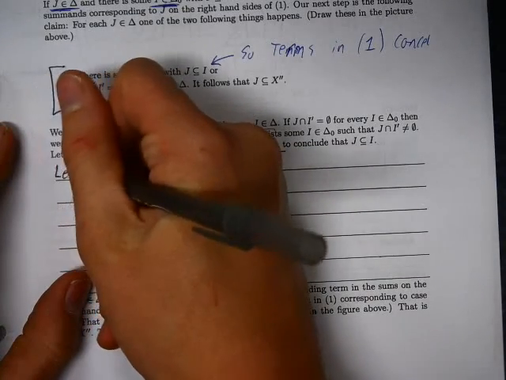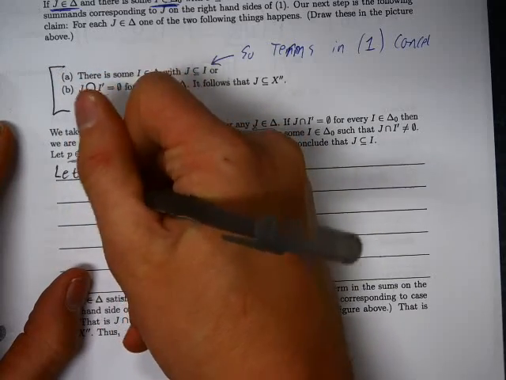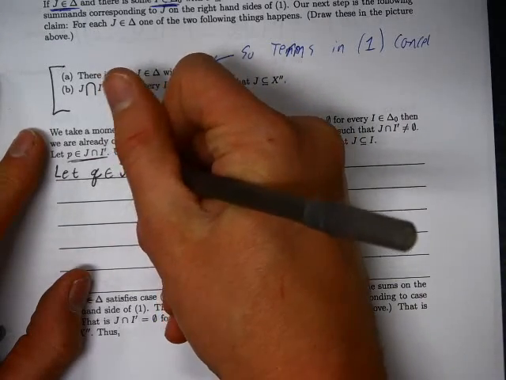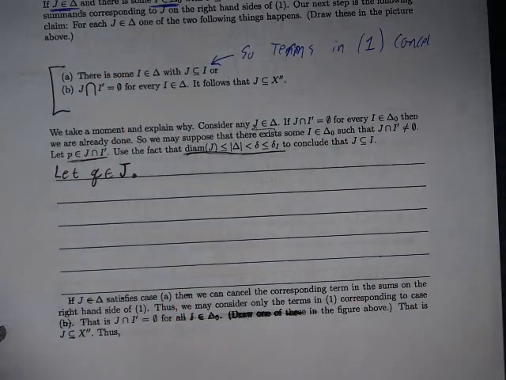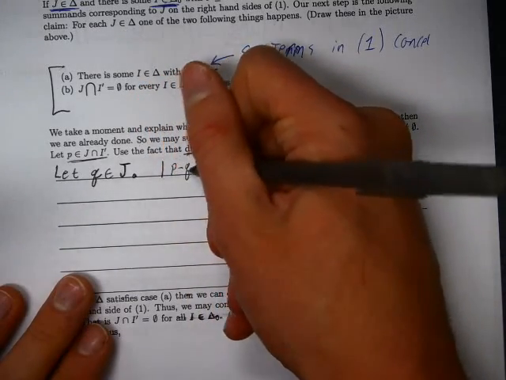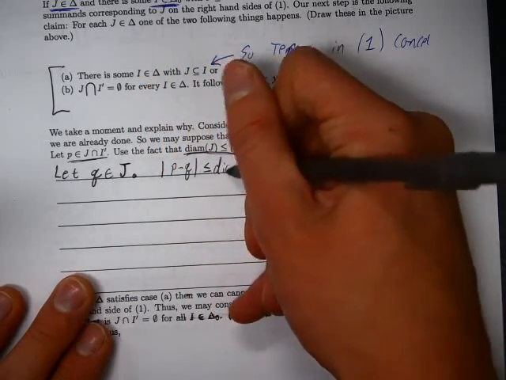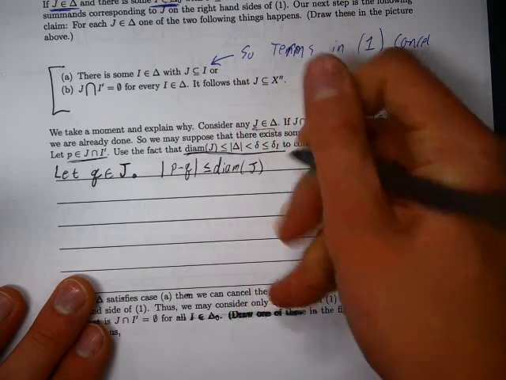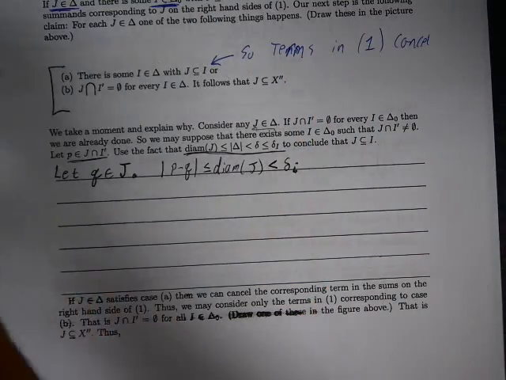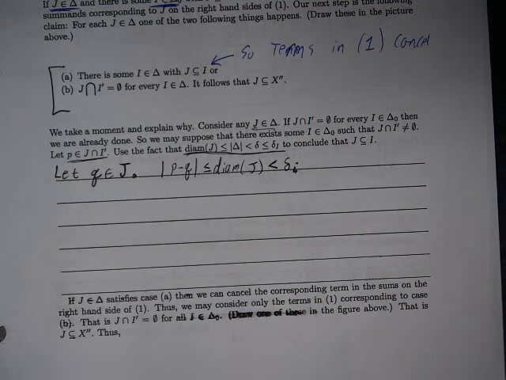Let's let, I don't know, P is one of the points, so I'll call it Q. It doesn't matter what you call this. Let Q be a point in J. Well, let's see, both P and Q are in the set J. So the distance from P to Q is less than or equal to the diameter of J. But that is now less than delta I. So I can definitely now conclude that Q is in something.